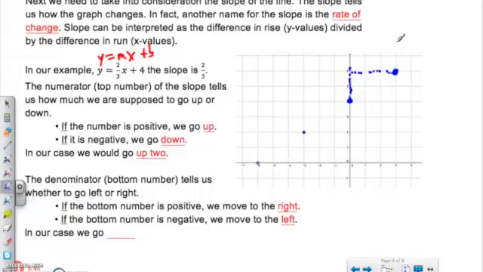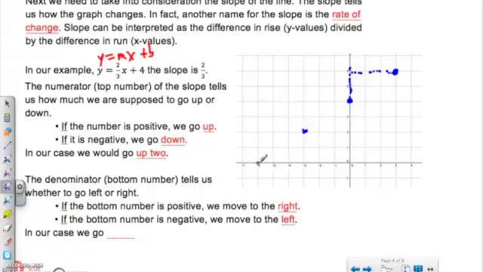I could keep going and go up 2 and over 3, but realize that we have run out of our graph. So what you can do is you can reverse it completely. Instead of going up and to the right, we can go left and down. So we could go down 2 and left 3 and put another dot there.